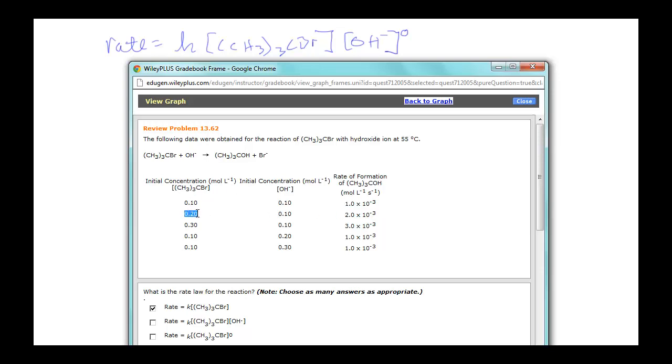If we go to 0.2, which is a 2-fold increase in the concentration, we get a 2-fold increase in the rate. If we have a 3-fold increase in the concentration, we get a 3-fold increase in the rate. And we could take, say, this rate expression here and divide it by this rate expression here.